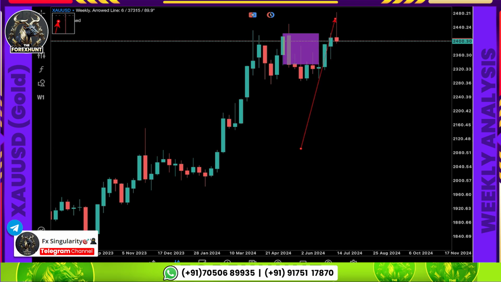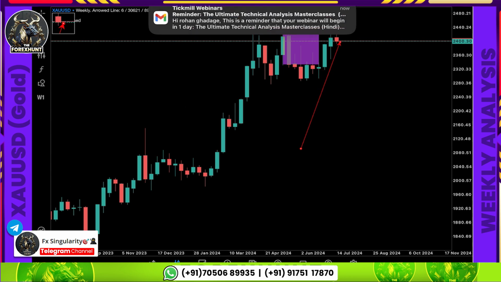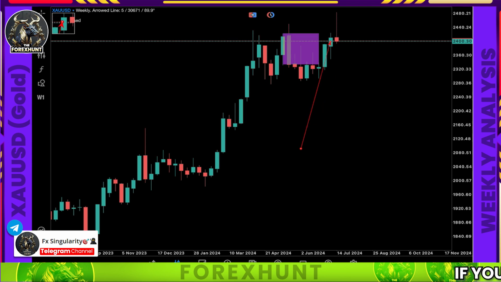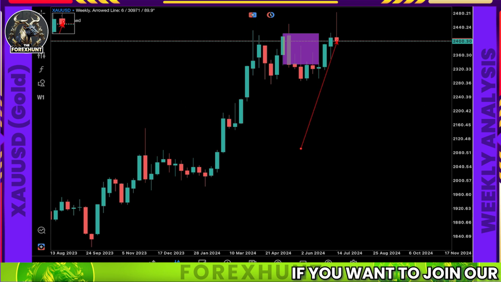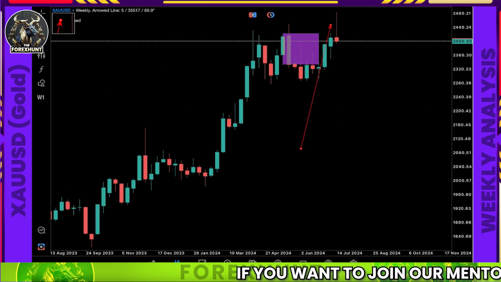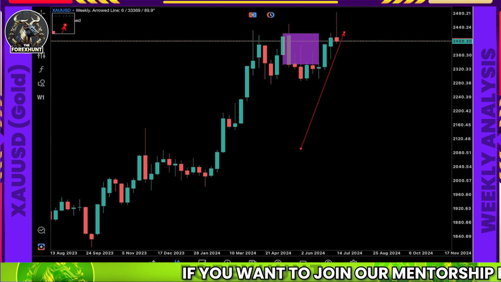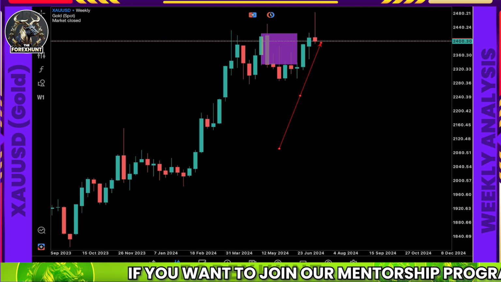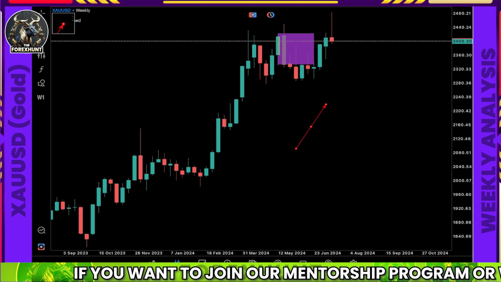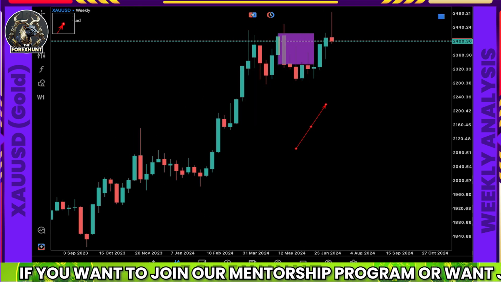The market went to the upper side, but within 2 or 3 days maximum, it dropped to the bottom and closed within the purple box. Once it closes within the purple box, it simply shows the power and strength of the sellers at the particular point, 2485.